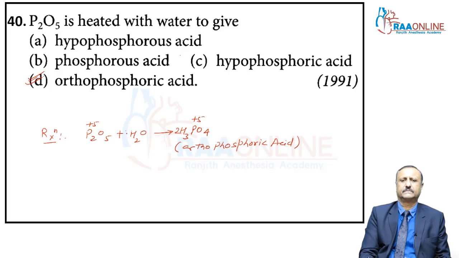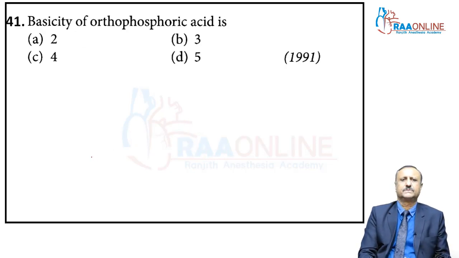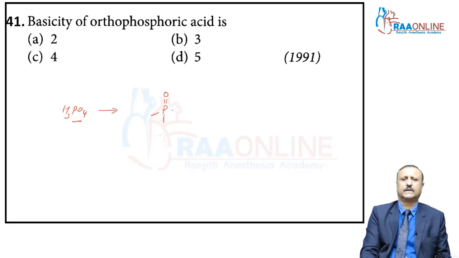Now my dear students, we can see question number 41. Basicity of orthophosphoric acid: first of all, you can see the orthophosphoric acid structure, molecular formula is H3PO4. Then you can make the structure. Oxygen is directly attached with phosphorus and the remaining oxygens and hydrogens are present in the form of OH. So here you can see 3 OH groups are present.